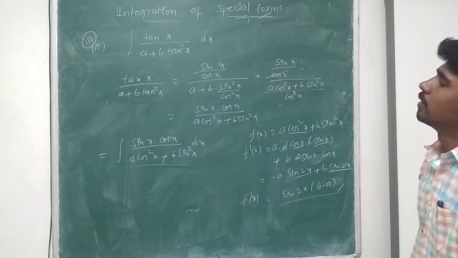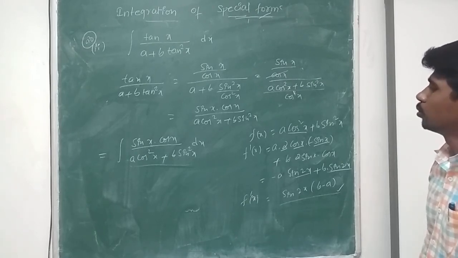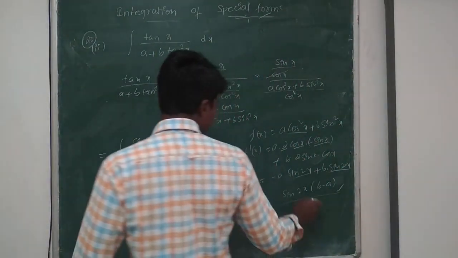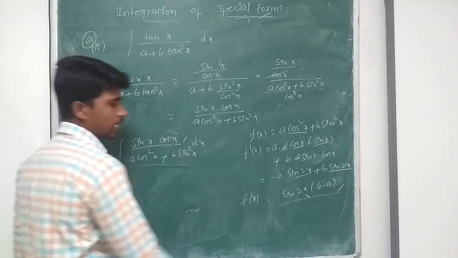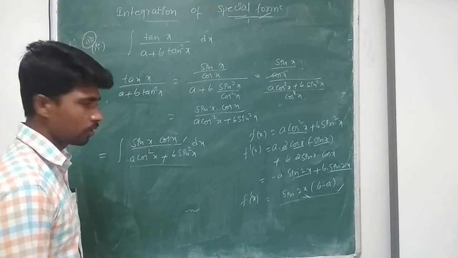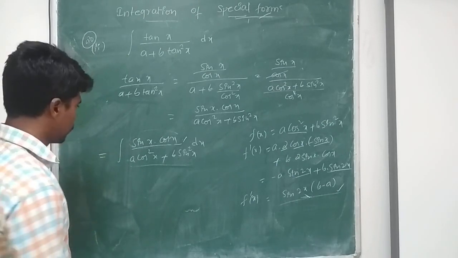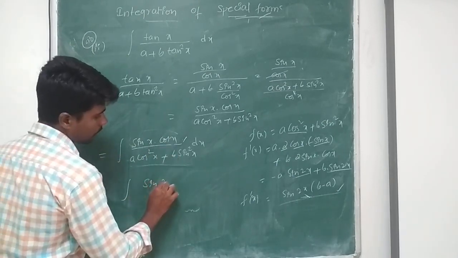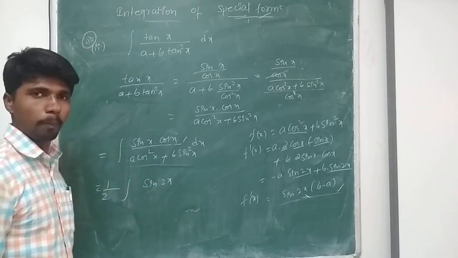Now, what can we do? Are we able to convert the given numerator in this form or not? Definitely we can convert sin x cos x as sin 2x by altering. So what we should do? Multiply and divide by 2. So I get 2 sin x cos x, which is nothing but sin 2x, and I get 2 in the denominator.